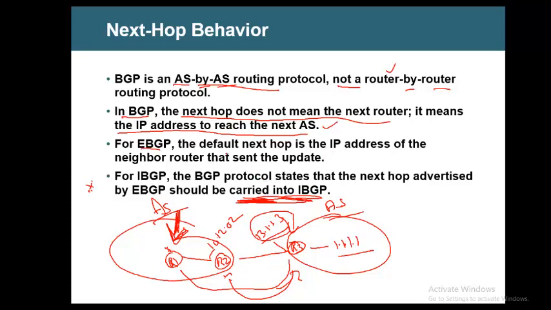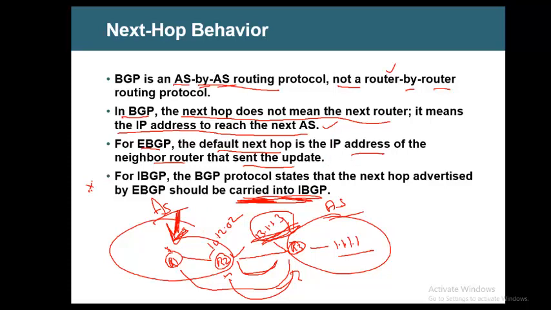For eBGP, the default next hop is the IP address of the neighbor router that sends the update. This is the eBGP relationship, no? R2 and R3. For R2, the next hop is going to be what? 13.1.1.3. That is normal. The next hop address is also the IP address of the next router.